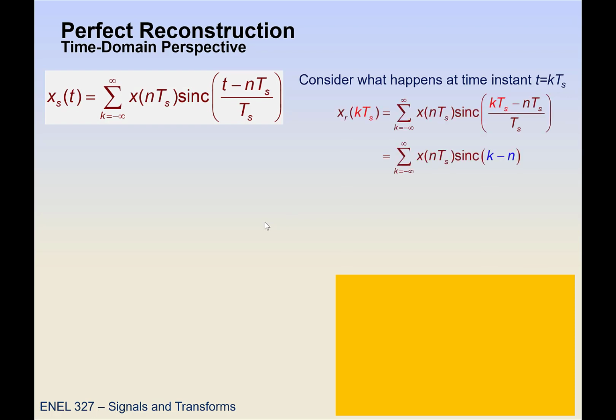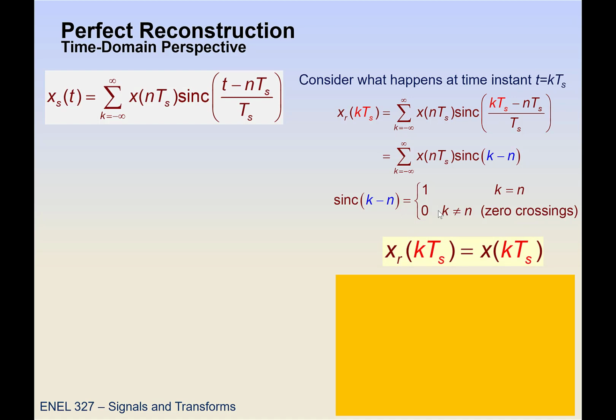At those instants, we just get this expression, and note that the sinc function is 0 for integer values, and it's only going to be 1 when that integer is 0. So those sample times land right on the zero crossings of the sinc function. And so at those sample points, we get perfect reconstruction for sure.